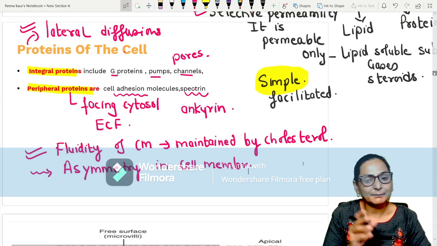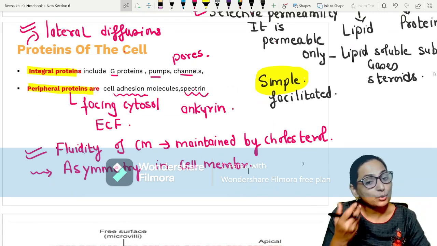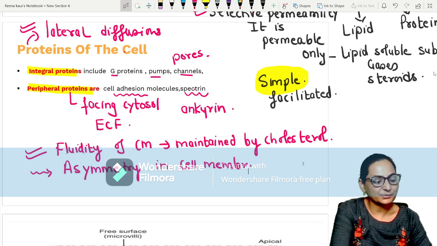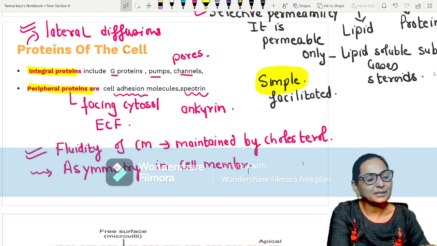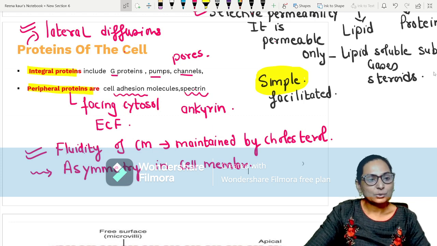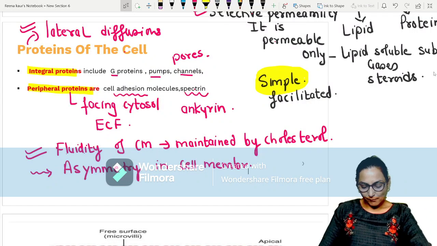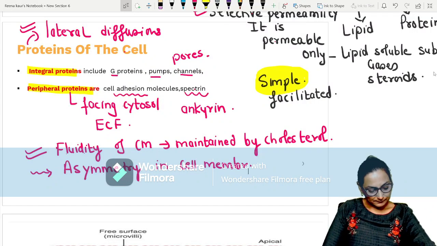Some cells may show microvilli, some may not. So the cell membrane is asymmetrical in structure. The structure of the cell membrane is not the same throughout. Okay? So integral proteins, peripheral proteins.